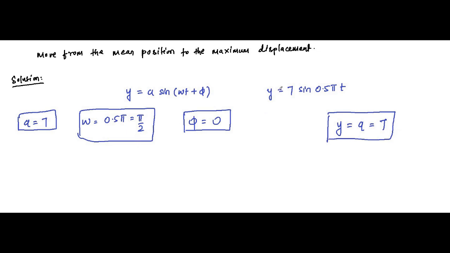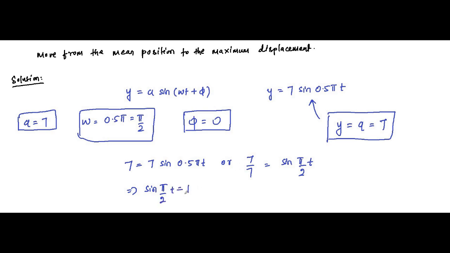So here we'll substitute this in the equation. So 7 is equal to 7 sine 0.5 pi t, or taking 7 to the LHS, 7 by 7 is equal to sine (pi by 2 into t). That implies sine (pi by 2 t) is equal to 1.